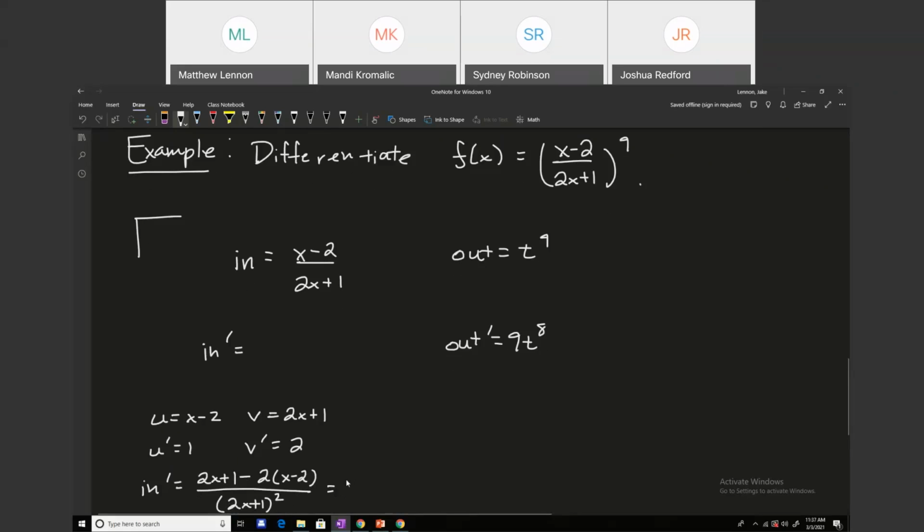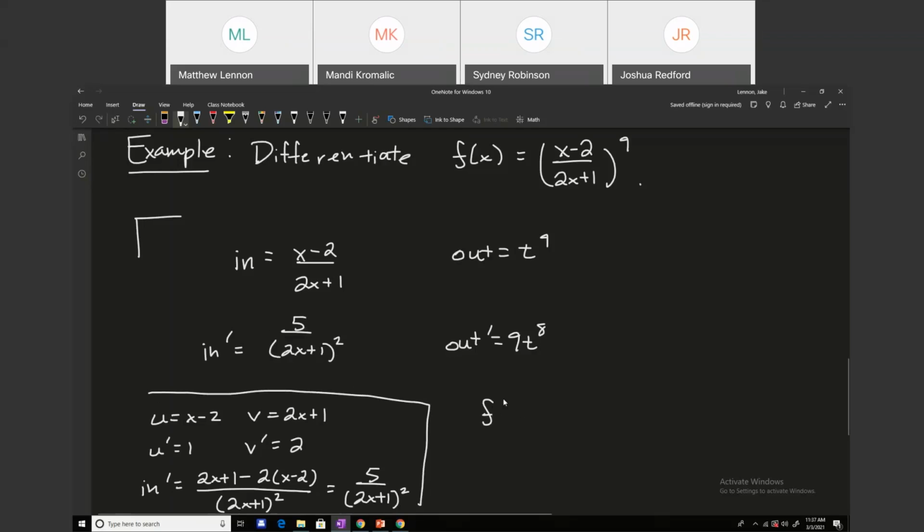So this comes out to, we have 2x minus 2x, that goes away, and then 1 plus 4, so we have 5 over 2x plus 1 squared. So that's our inside prime. This is kind of just scratch work. So 5 over 2x plus 1 quantity squared.